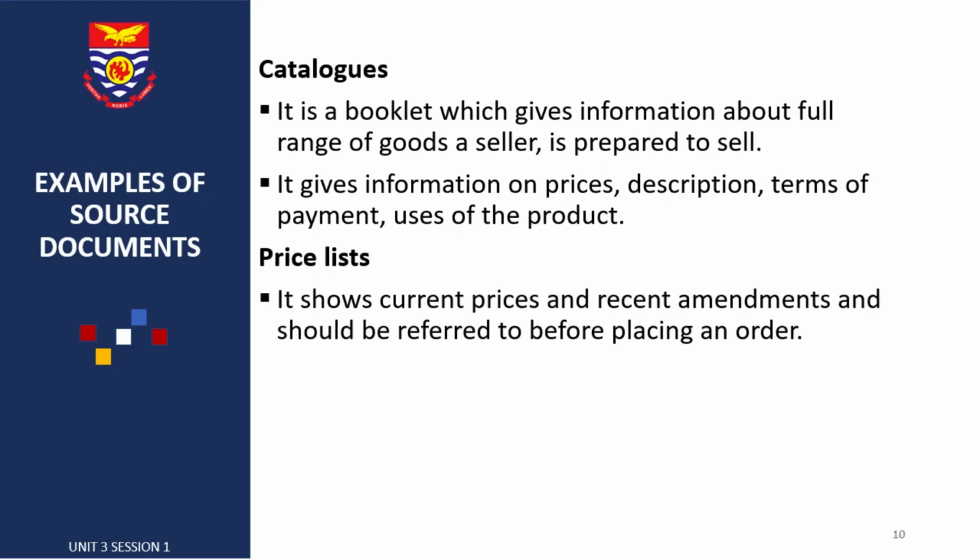Catalogs. It is a booklet which gives information about the full range of goods a seller is prepared to sell. It gives information on prices, description, terms of payment, uses of the product, price list. It shows current prices and recent amendments and should be referred to before placing an order.